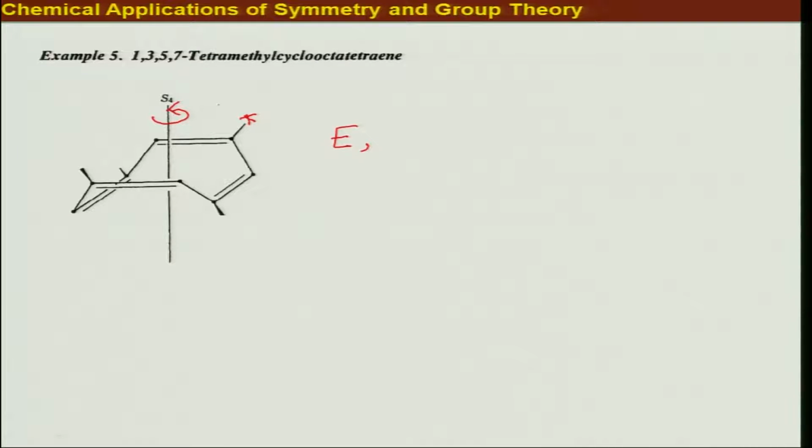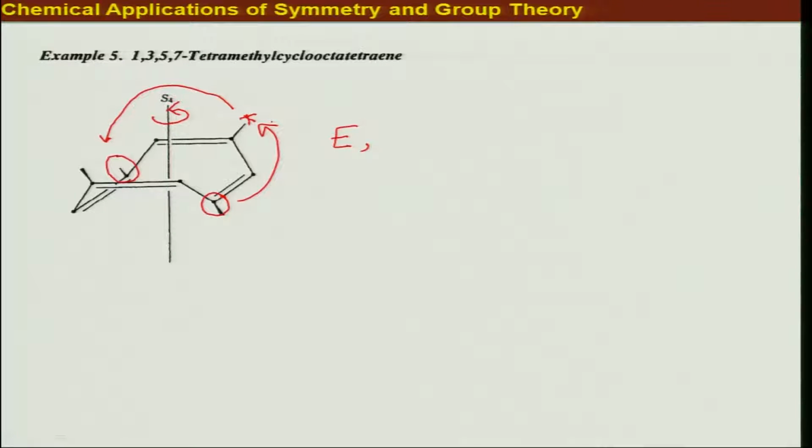Then when you invert it, the carbon which was protruding outside will be going below the plane of the paper. So, that will come here, while the one sitting here will now move up here. Ultimately you will get back an indistinguishable structure. So, there is a valid S4.